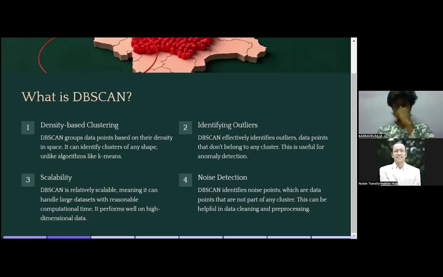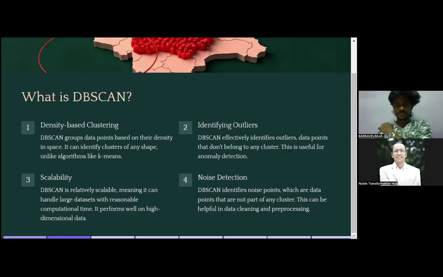It is very effective at identifying outliers, data points that don't belong to any cluster, guys. Remember this stress: any cluster, not this cluster or that cluster, any cluster, whatever clusters are there. So this is useful for anomaly detection.